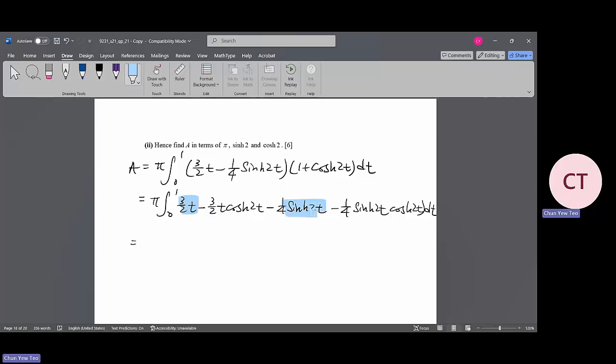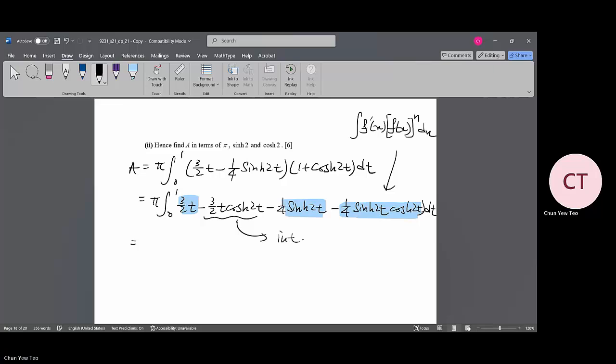Right here, you can see that this can integrate directly. This one, we also can integrate directly, but we will be applying the formula for f prime(x) times f(x) to the power n. We will be applying this result over here directly. This one, we need to use integration by parts to integrate it.